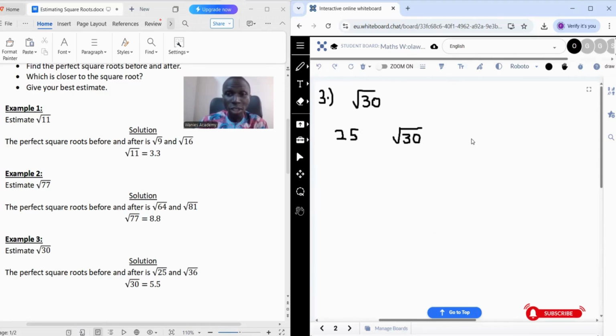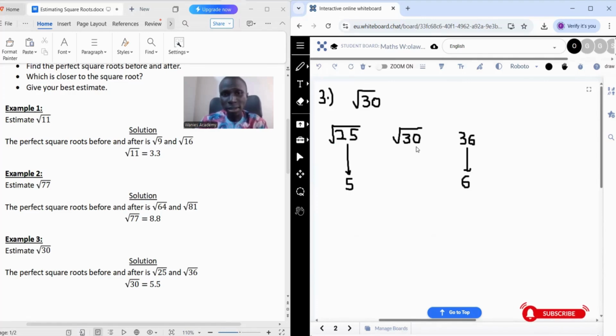And the perfect square that is just after 30, we have that to be 36. The square root of 25, we have this to be 5. And the square root of 36, we have this to be 6.